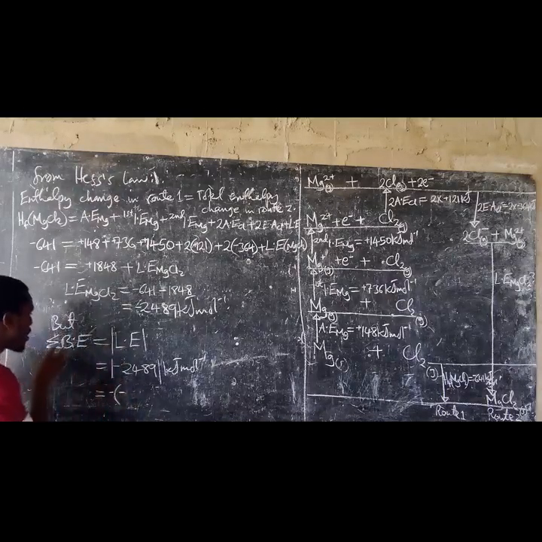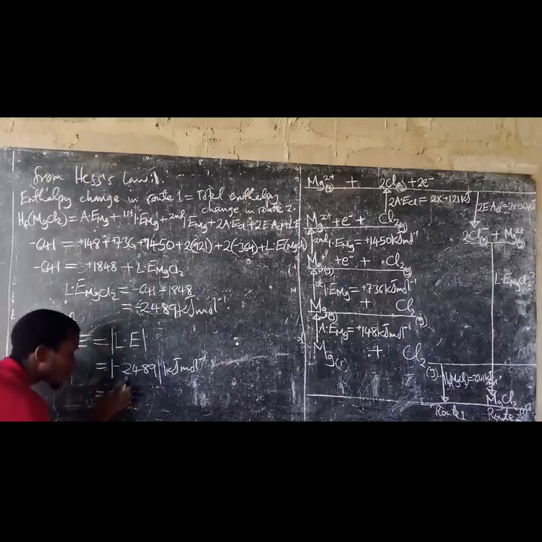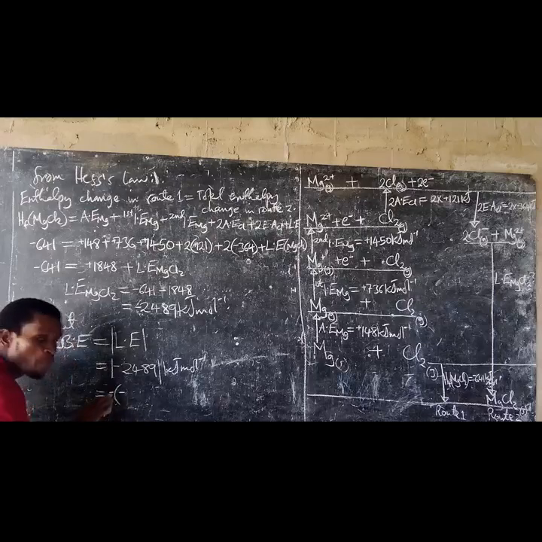In order to obtain a positive value, we open the bracket by putting a negative outside the bracket.